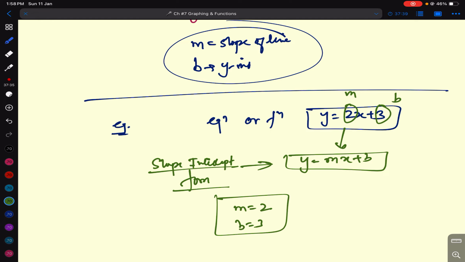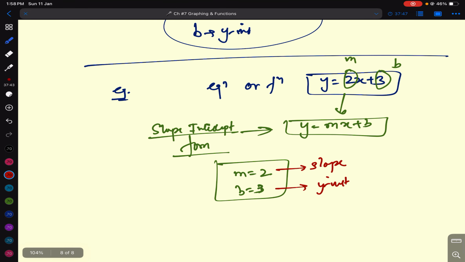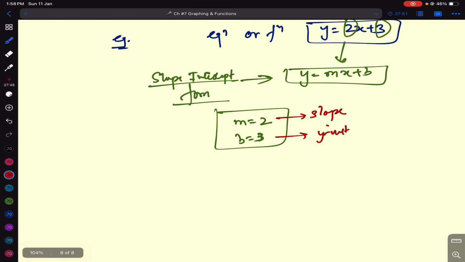What does that mean? That means my slope of the line is 2 and my y-intercept is 3. Right? Yes. So we have the slope as 2 and the y-intercept as 3.